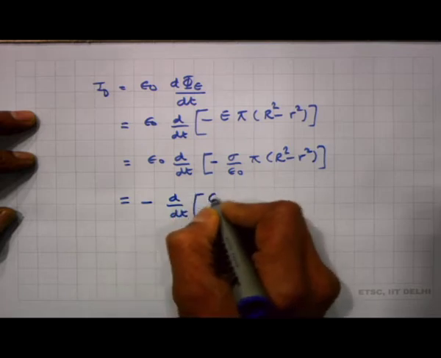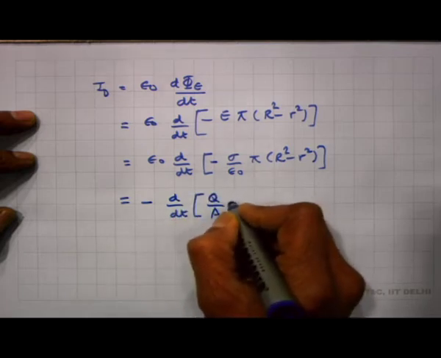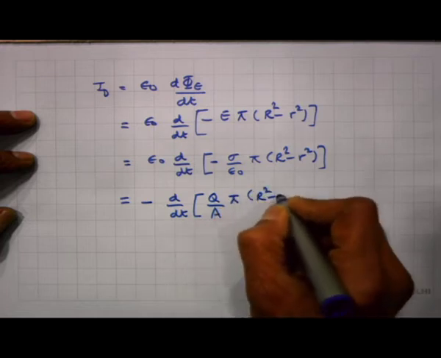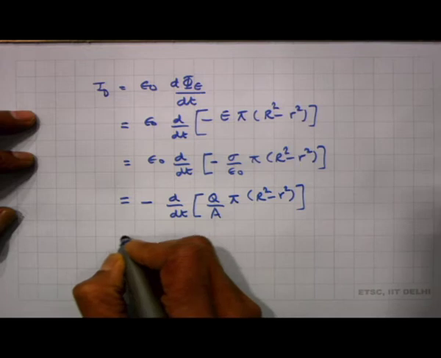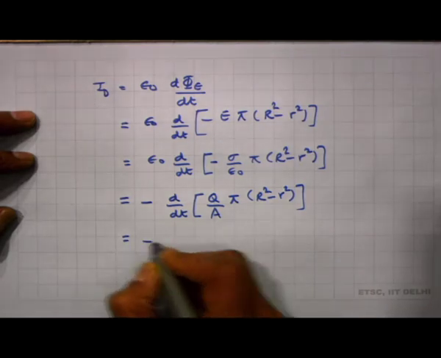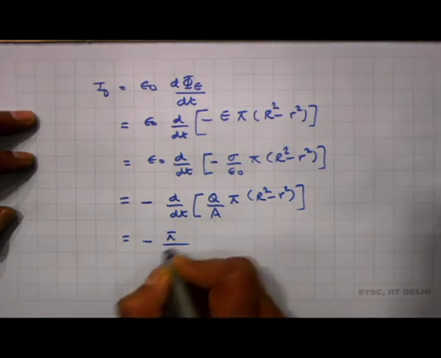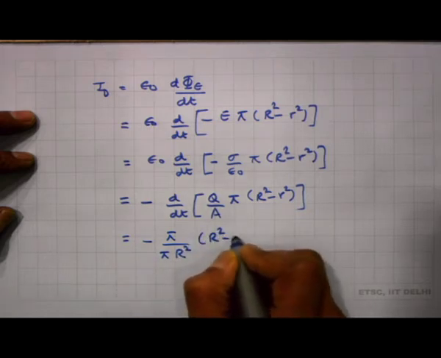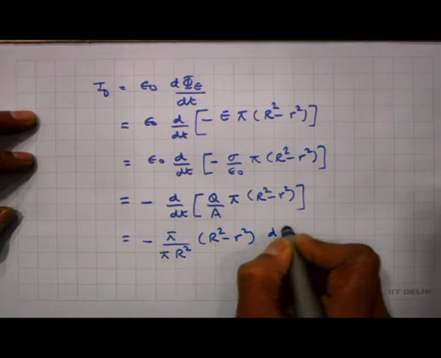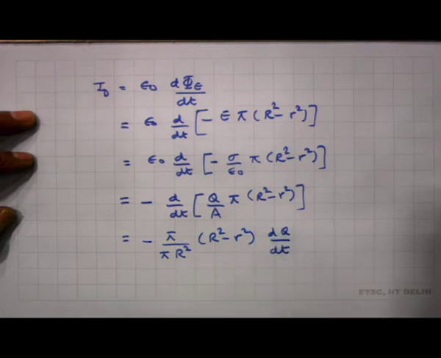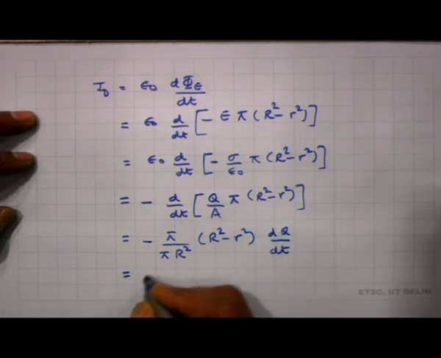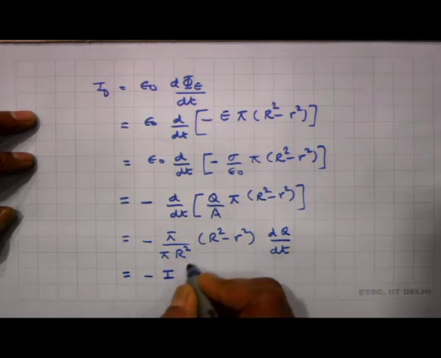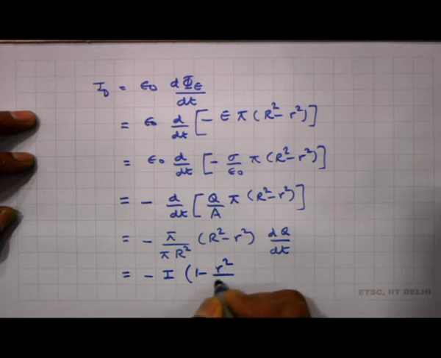Now, sigma is q by A, into pi into R square minus r square, which is equal to minus pi, now area is pi R square, into R square minus r square, into dq by dt, which is equal to minus I times, dq by dt is I, pi cancels off and I get 1 minus r square by R square.